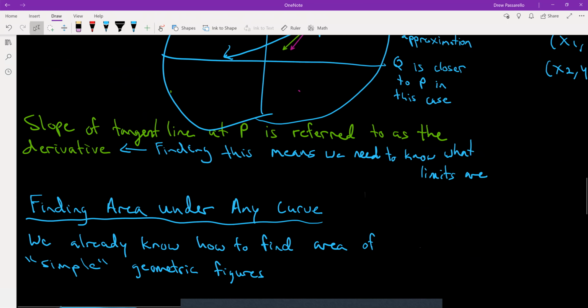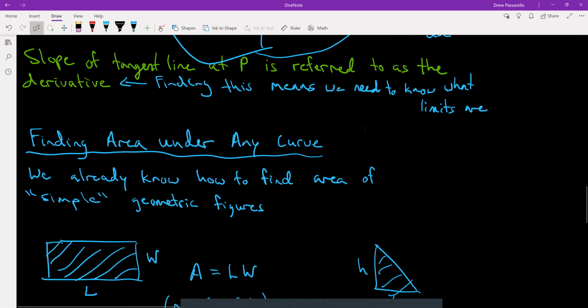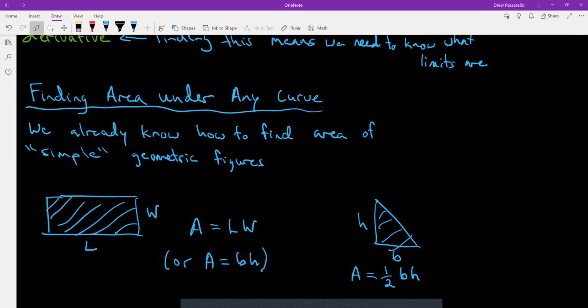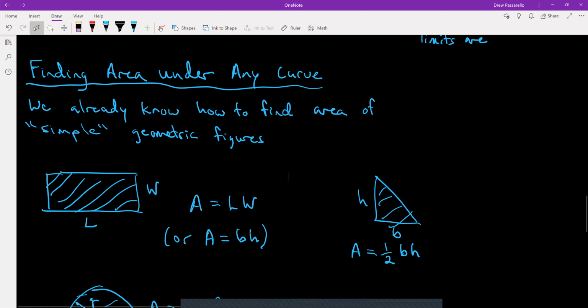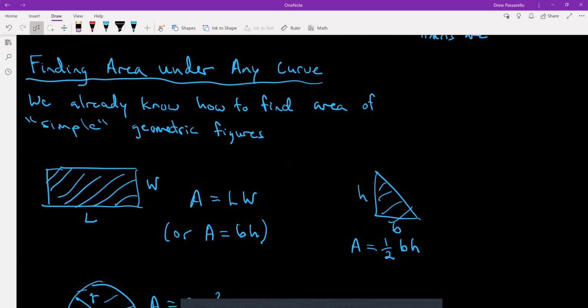All right, that's the first main idea. The second main idea is finding area under any curve. Right now, we already know how to find area of simple geometric figures. And by that, I mean like a rectangle. Area of the rectangle is length times width, or if you want to label it instead of length and width, you could call this base and height.